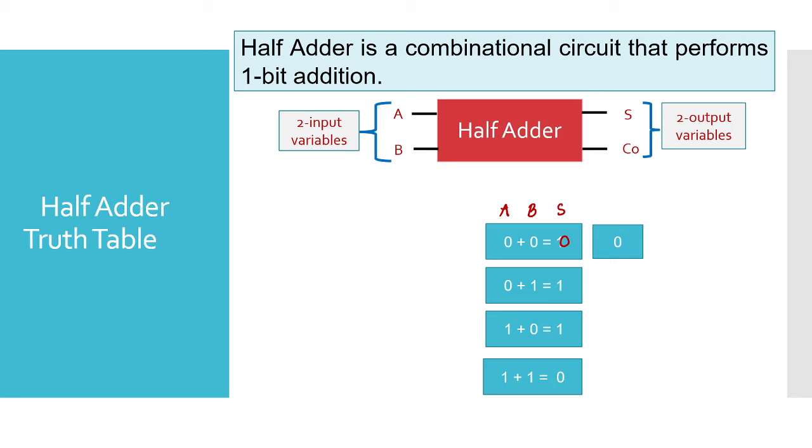Next combination, A is 0 and B is 1, that means 0 plus 1. Sum will be 1 and carry out will be 0, no carry is there. Next combination 1 plus 0, sum is 1 and carry is again 0. 1 plus 1 is 1 0.